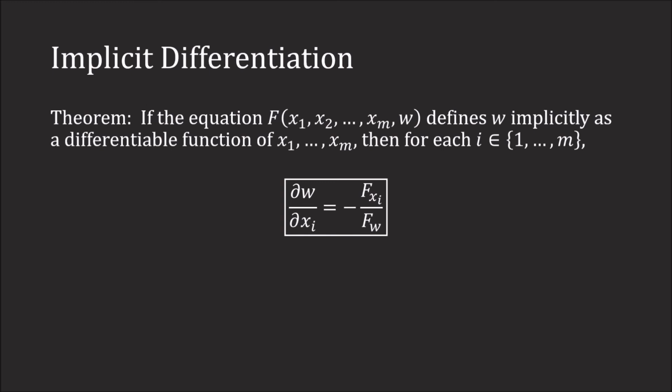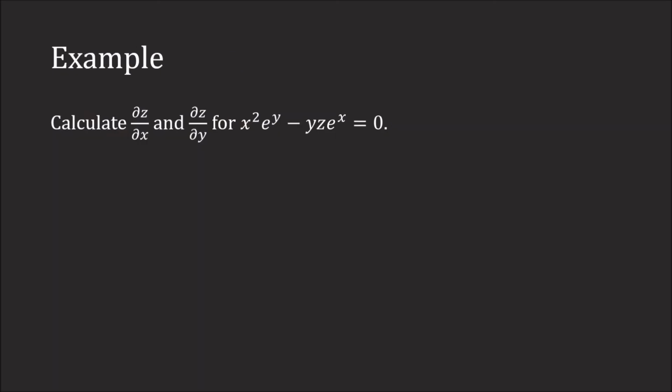We are going to look at now an implicit differentiation problem with this function, x squared e to the y minus yz e to the x is equal to 0.